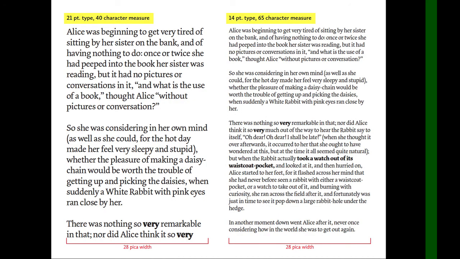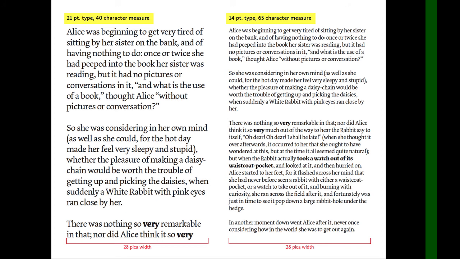So in this first example, we have the same text. We're using chapter 1 of Alice in Wonderland. These 2 columns use the same text, the same typeface. The only difference is the size. So on the left, we have 21-point type, which means we get a 40-character measure.